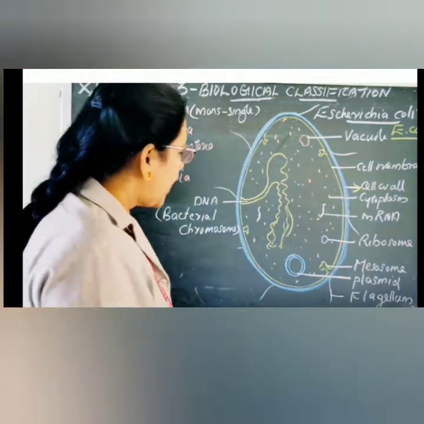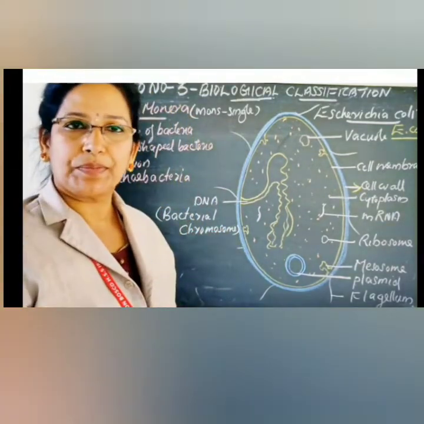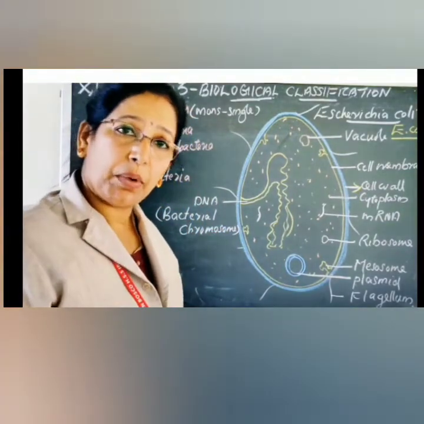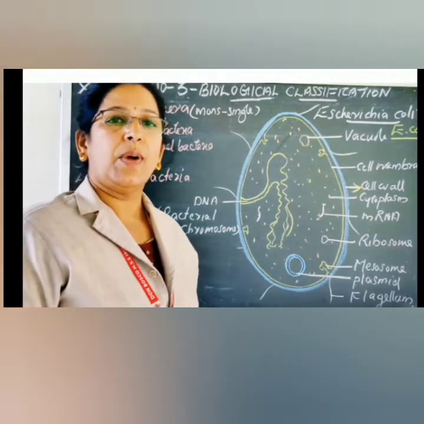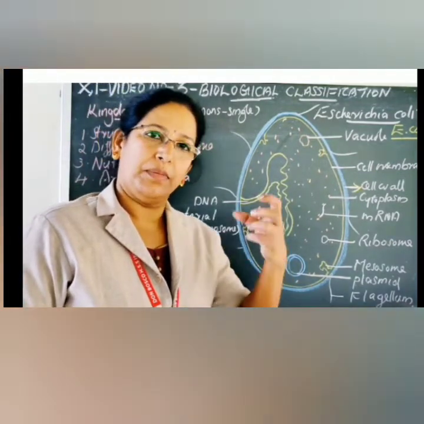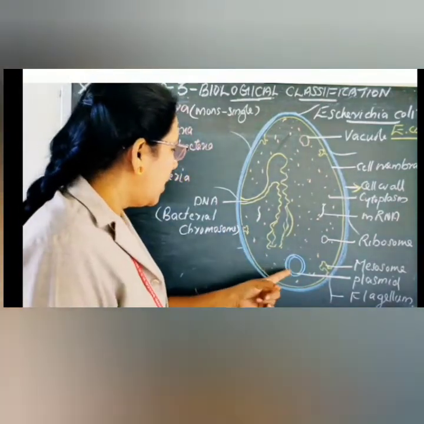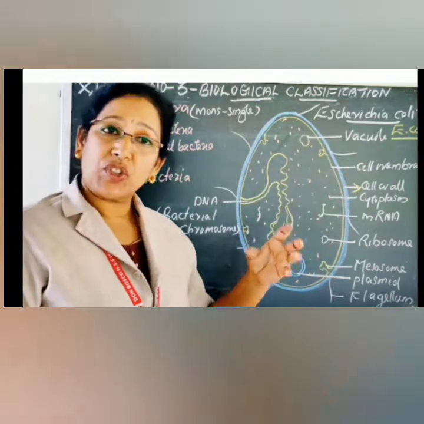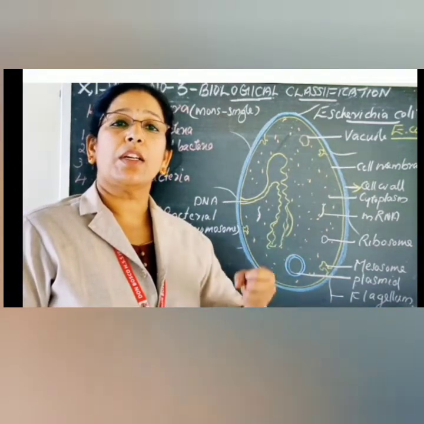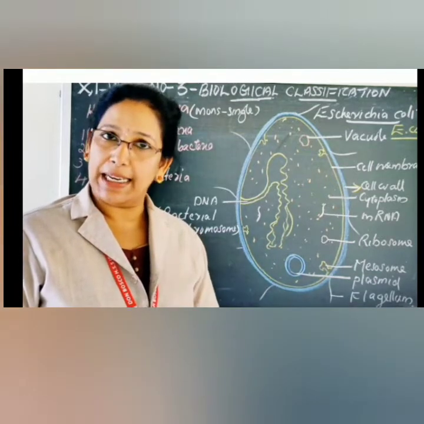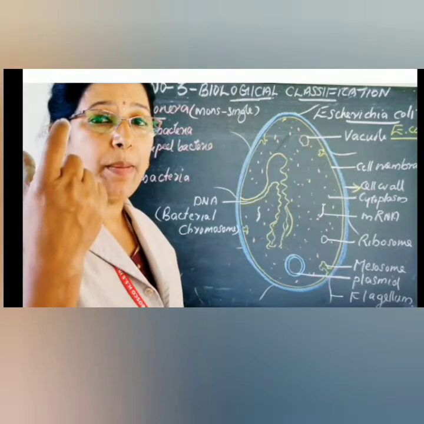The next one, the teacher marked here, is the plasmid. This is very important in the field of biotechnology. What is the importance? Have you heard anything about biotechnology? Plasmid is extrachromosomal circular DNA present in addition to the genomic DNA.